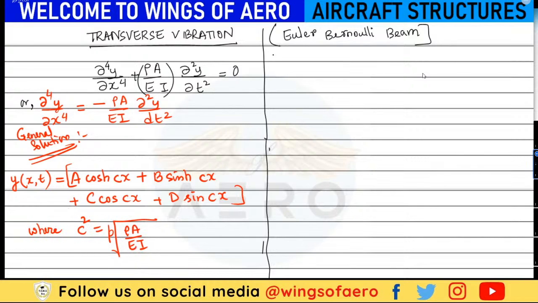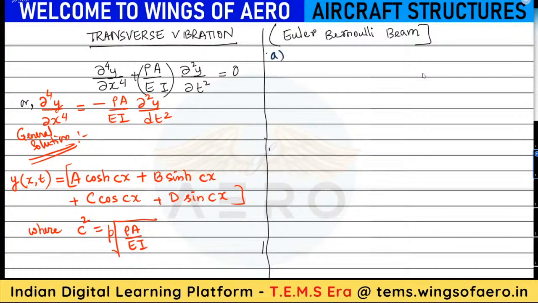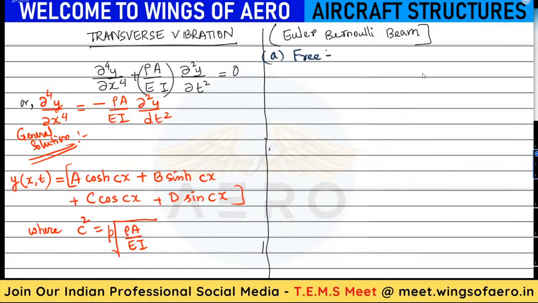Right? Now we will move to the boundary conditions. Here we will basically have two different types of boundary conditions. One is for when both the ends are free.